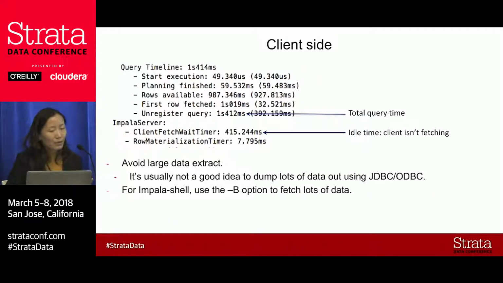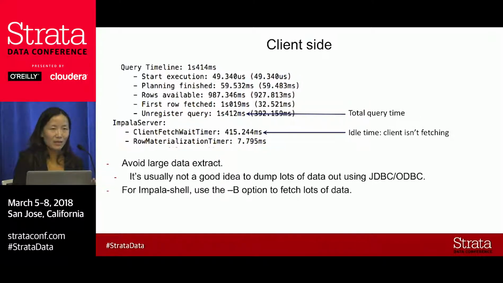Okay. So one more part about the basic summary information in the query profile is the client fetching time and the row materialization timer. This part is not the server side, it's more the client side.